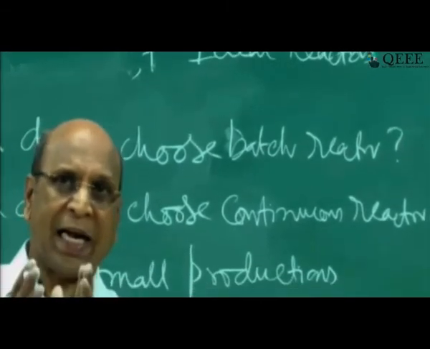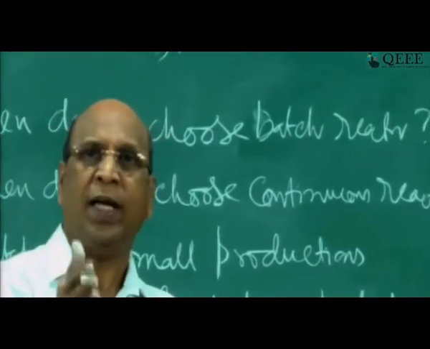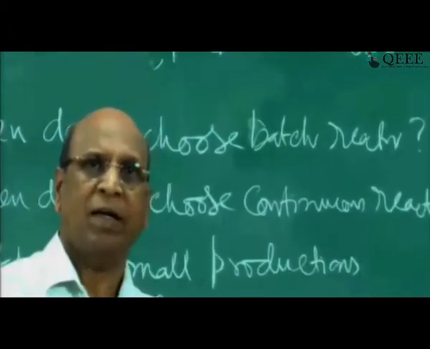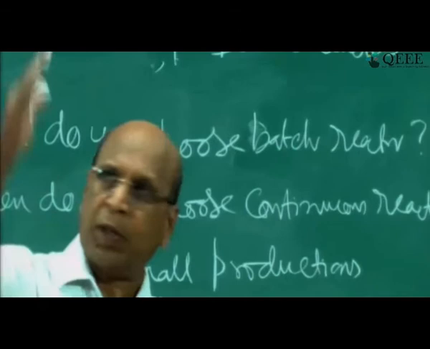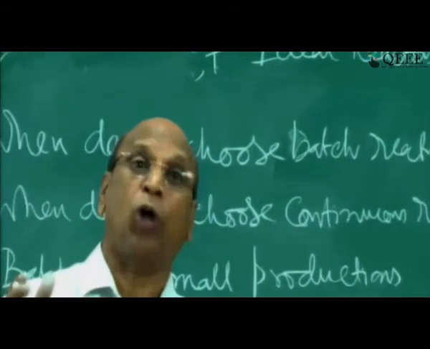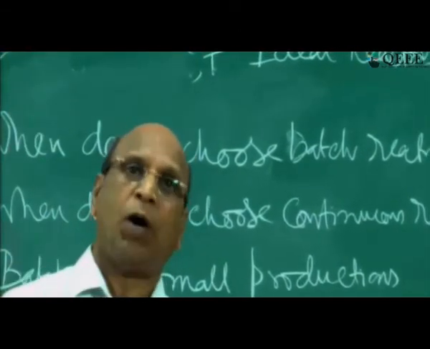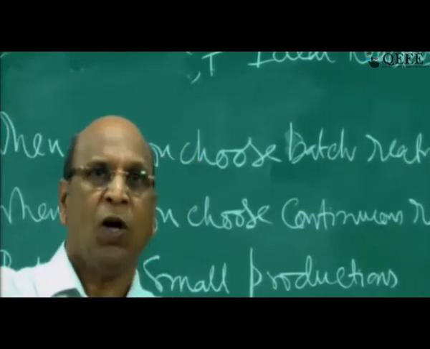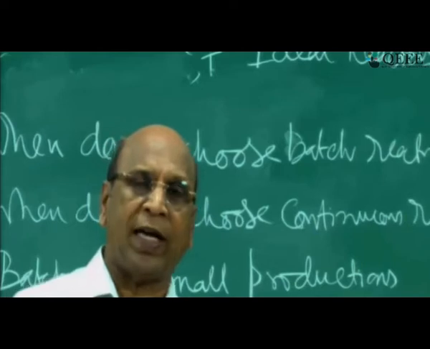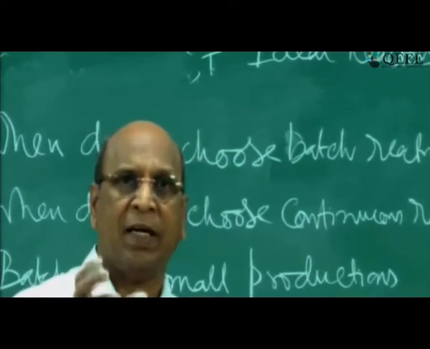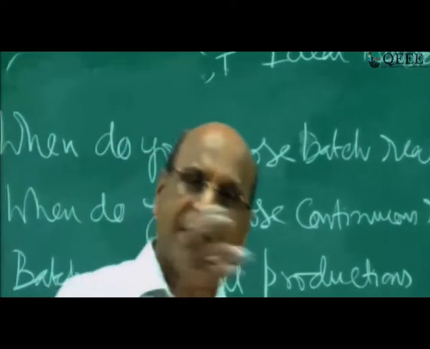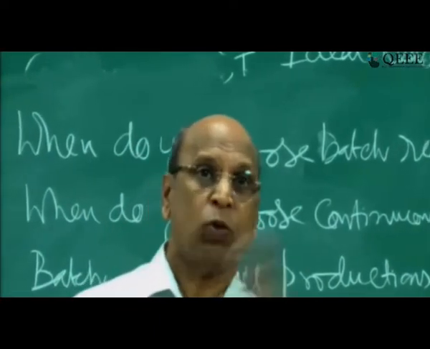Small means I cannot give you exactly the boundary. Yes, less than 1 ton you use only a batch reactor. Definitely that is acceptable. But less than 10 tons I have doubt. Less than 50 tons I still have doubt. So around 10 tons, 50 tons, 100 tons, we have to calculate what is the cost of the reactor if you use a continuous reactor, what is the cost if you use a batch reactor, and then you decide which one will be the best.